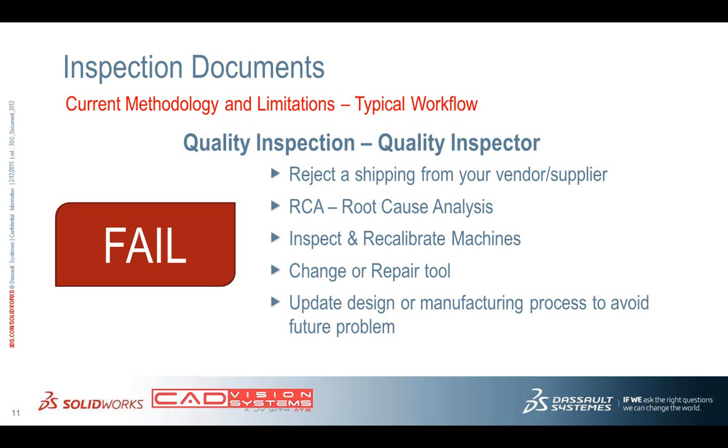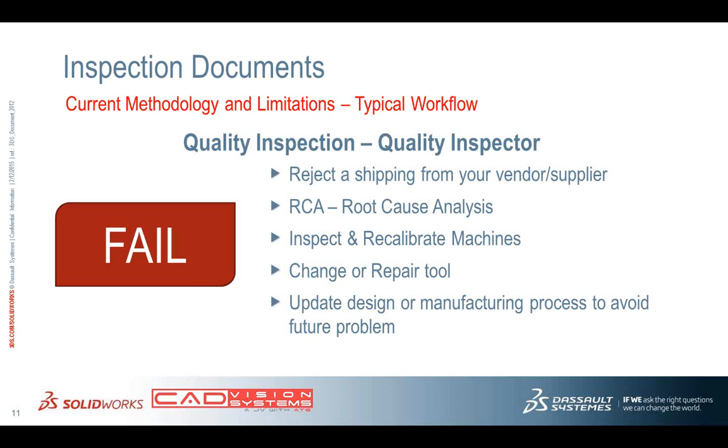We can reject this batch of manufactured parts because a lot of the dimensions are not within the acceptable range. We can also conduct an RCA, a root cause analysis, to identify the reason behind the failure of the products.